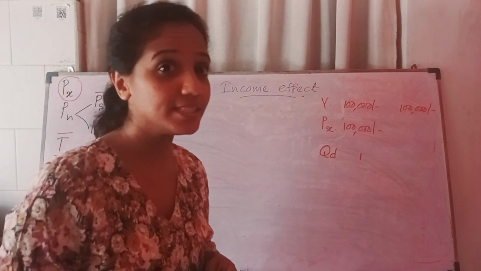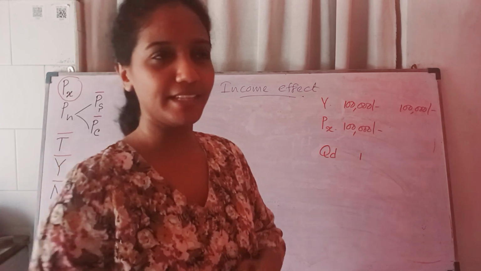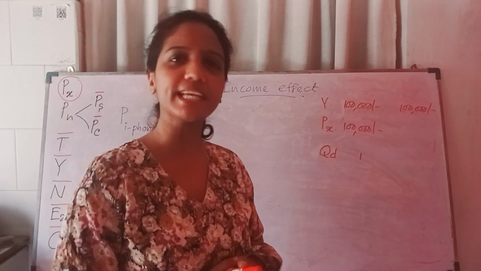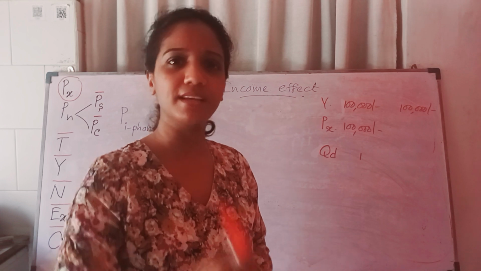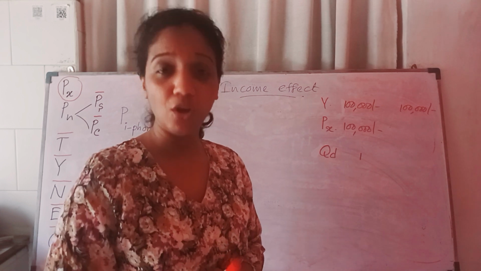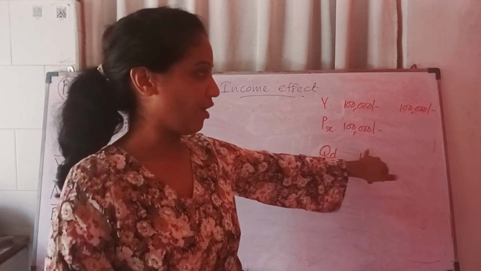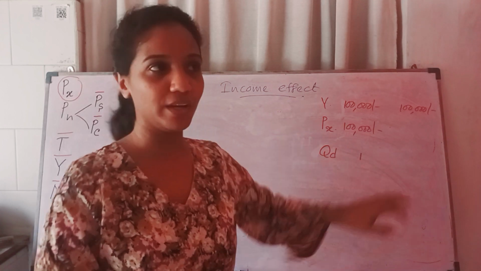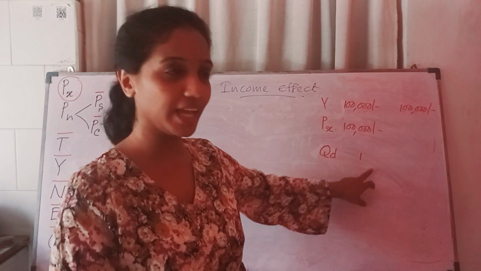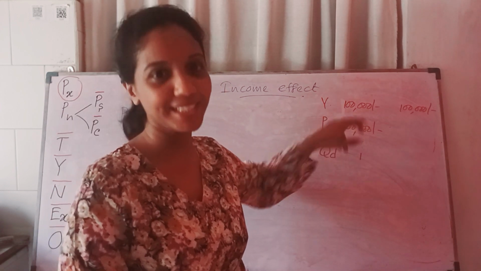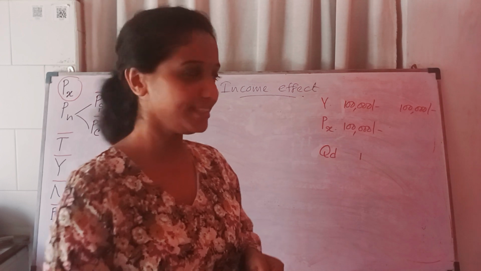The number of units that you can buy from your nominal income represents the purchasing power or the real income, right? Only one iPhone you can buy from your 100,000 of nominal income, right?